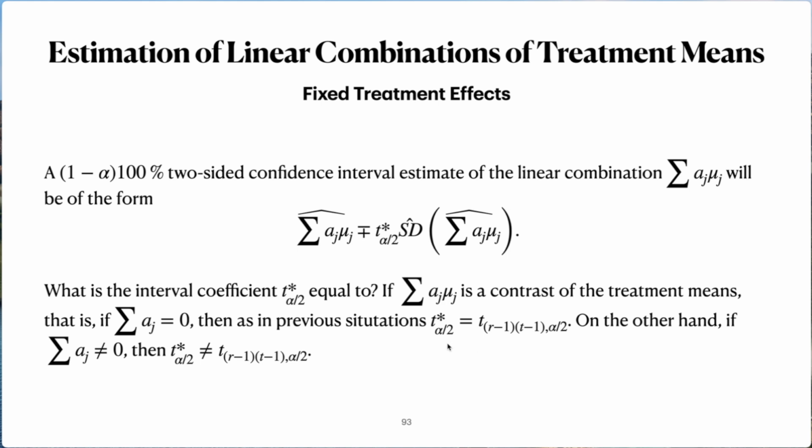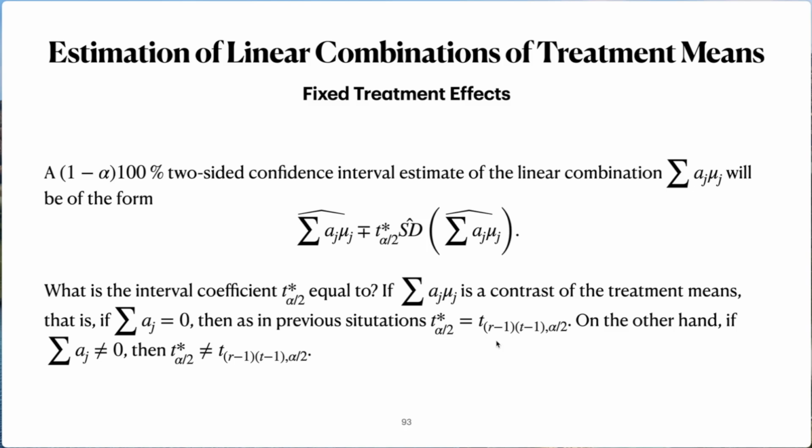So again, if we're dealing with a contrast, then the student's t distribution is the distribution for the interval coefficient, with degrees of freedom equal to r minus 1 times t minus 1.